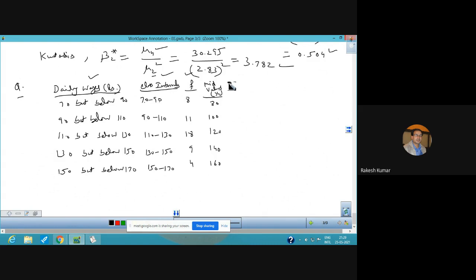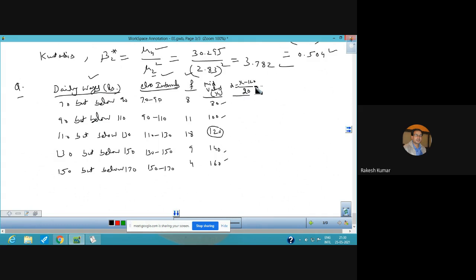Now you can calculate d by using the formula x minus assumed mean, divided by the class interval difference, which is 20. The middle value can be taken as the assumed mean.